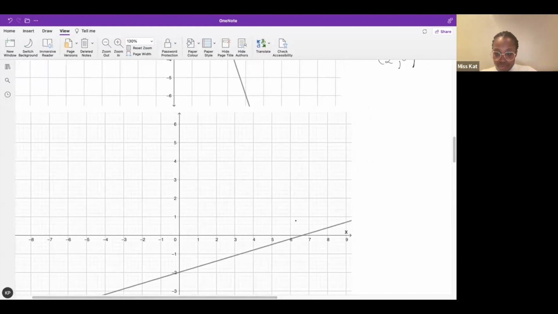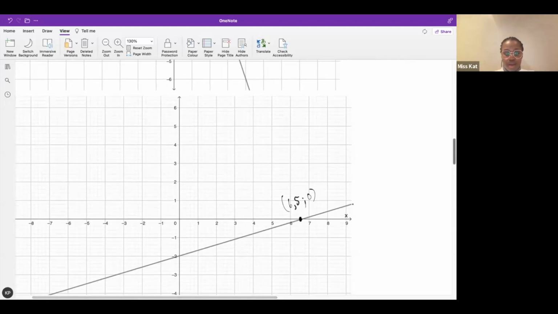And your y-intercept would be 0 and negative 2. Beautiful. Remember, you're allowed to use any other point. If you're in a test and you find something like this, you're allowed to find a point that you can see better.